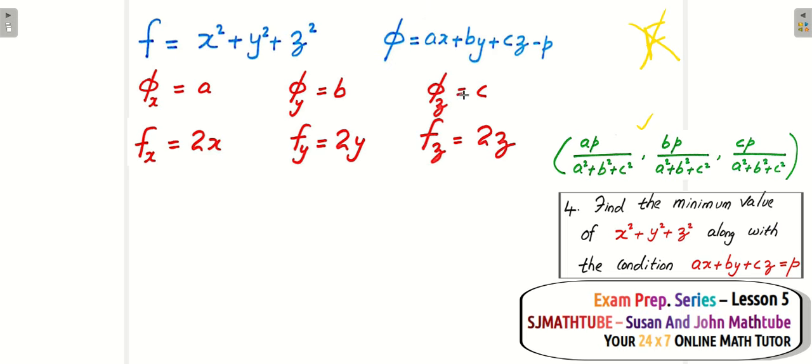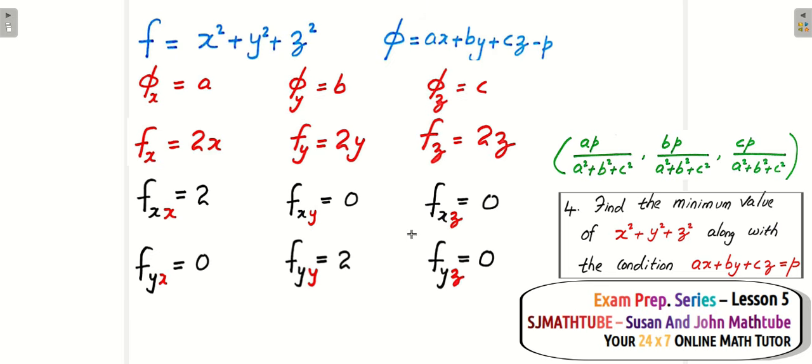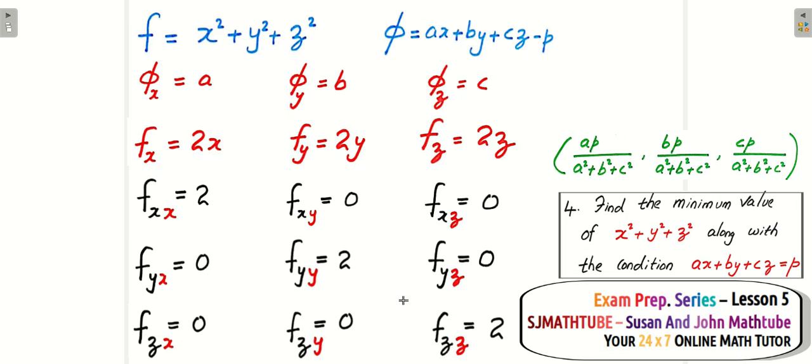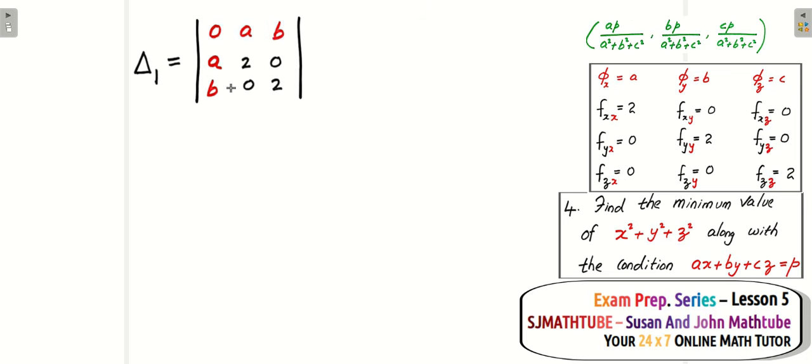We find delta 1 and delta 2 using small f and the given condition. So the second order partial derivatives, this is actually differentiating y with respect to x and z with respect to x. Okay, that's it. Delta 1 will be, yeah.